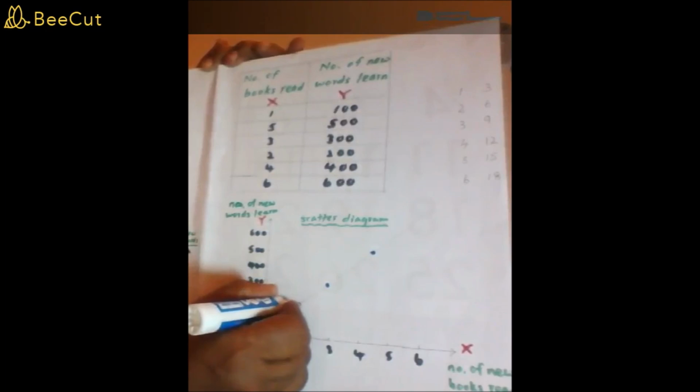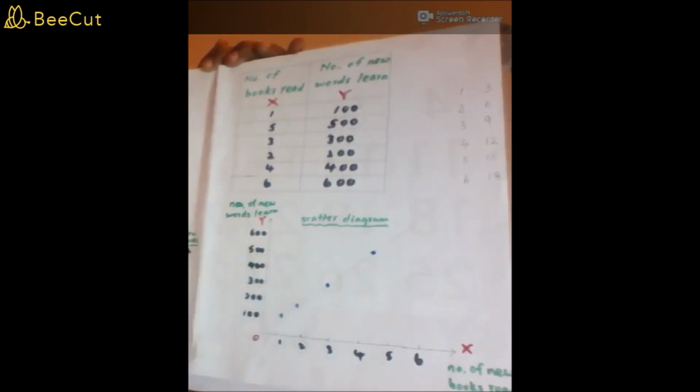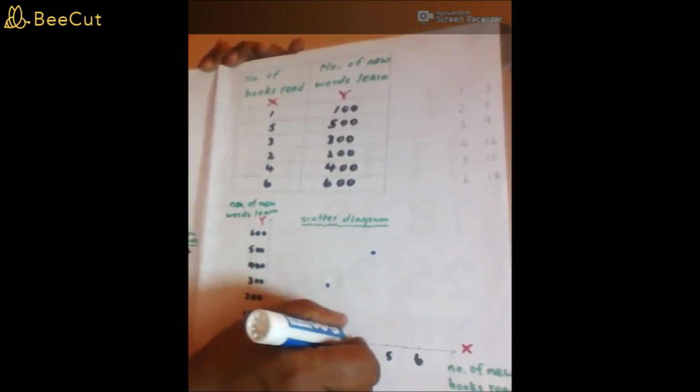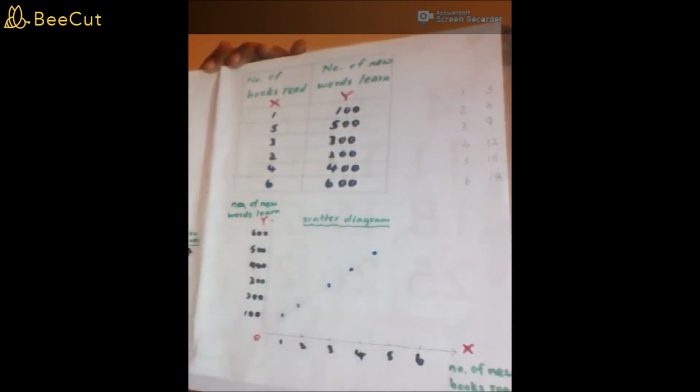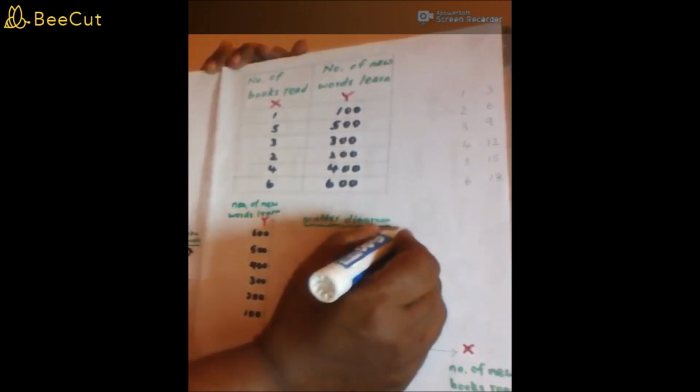Then 200 words. 4 books, 400. Can't see properly. Then 6 books, 600. I have drawn a line, right?